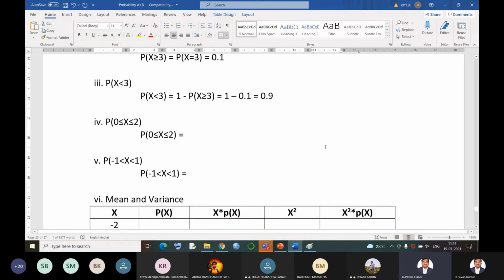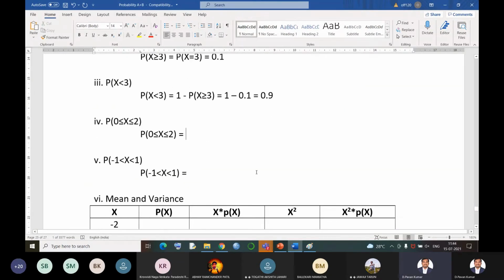Now moving on to the fourth question, what they're asking us to do here. See, now the condition is on both sides, that means from the starting point as well as the end point. Less than or equal to. Equal to means we have to include those values also. So instead of writing all the time x equal to 0, x equal to 1, we can write the direct values.